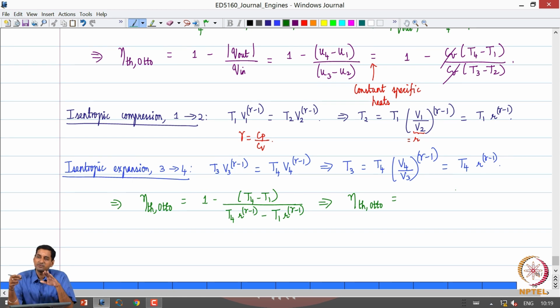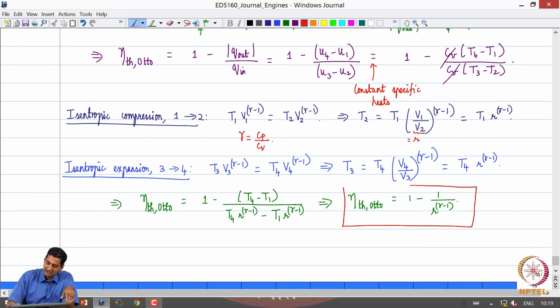If you take it out, you get T4 minus T1, and that factor cancels between the numerator and the denominator. So the thermal efficiency of the air standard Otto cycle reduces to 1 minus 1 divided by R^(gamma minus 1). It reduces to a very simple expression.